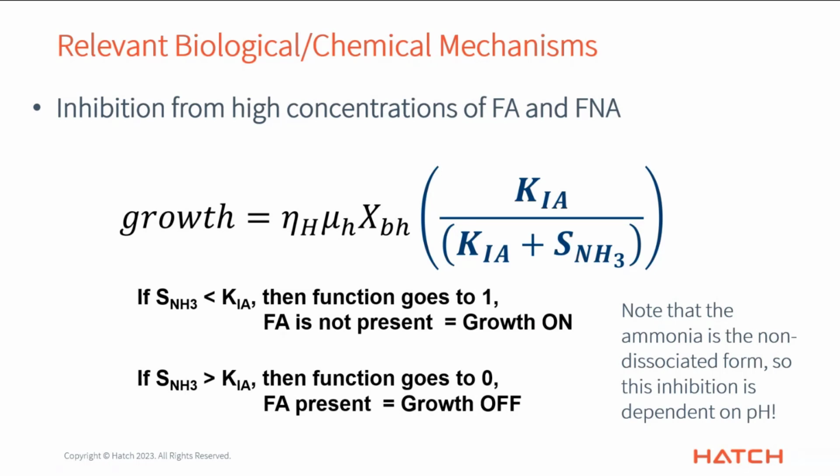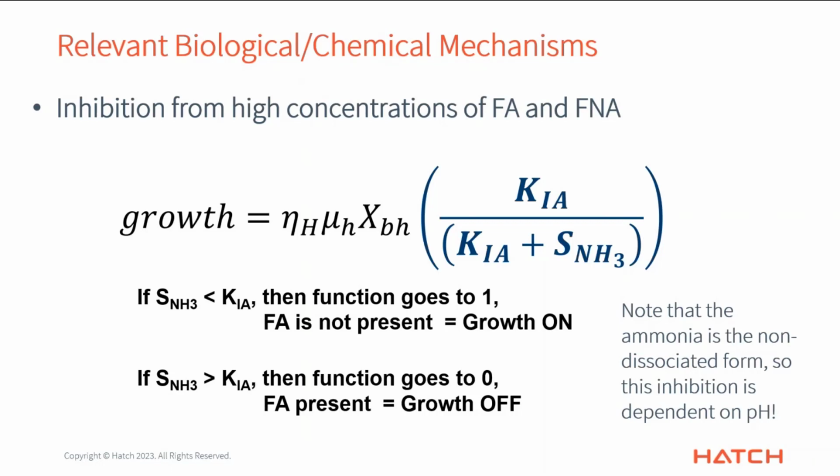But I did want to touch on those other two topics here, the inhibition. So this is for free ammonia and free nitrous acid. They are exactly the same type of term, except that having the K on both the bottom and the top makes it an inhibition term. It's basically just flipping this all the way around.